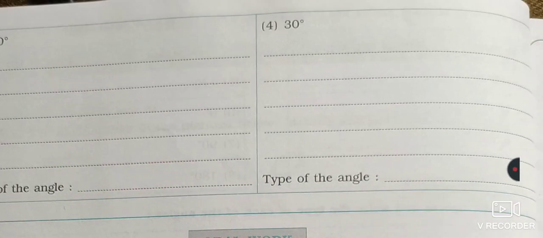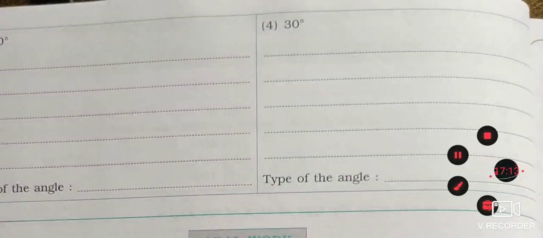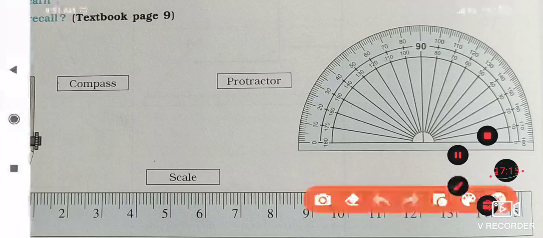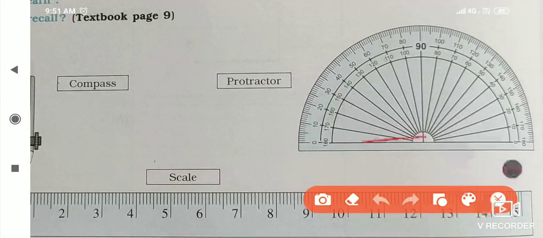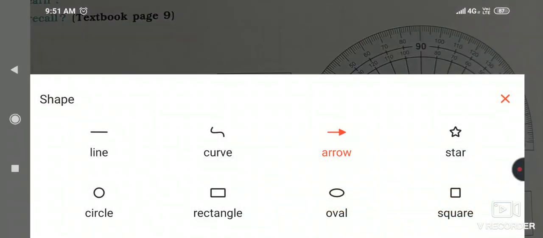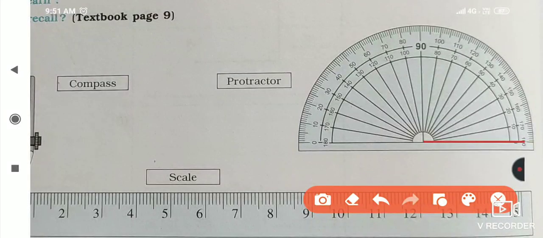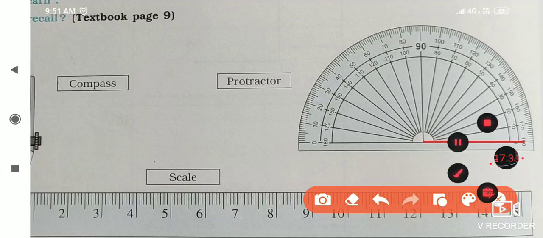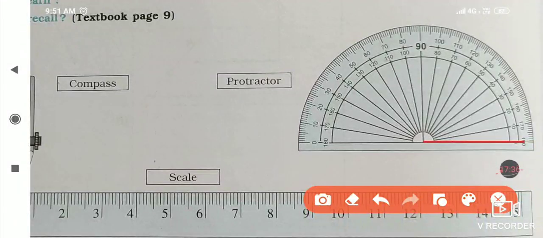Same here, you just draw the 30 degree angle. How will that 30 degree angle come? Suppose you take the line this side, and suppose it is here, 30. If you have to draw a 30 degree angle, you have to measure from the 0 on the right side of the protractor, and my 30 degrees is here.